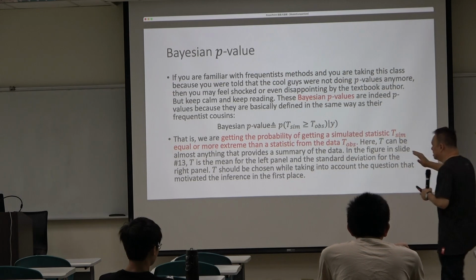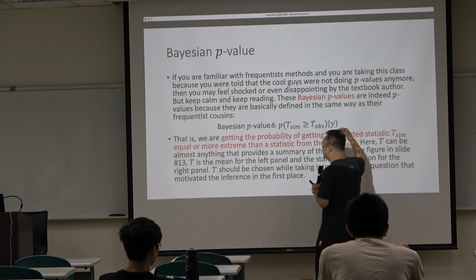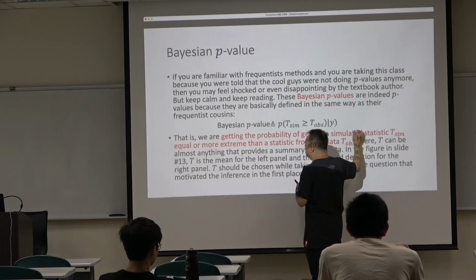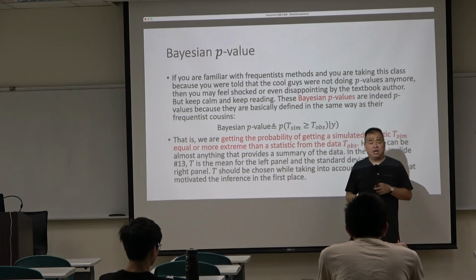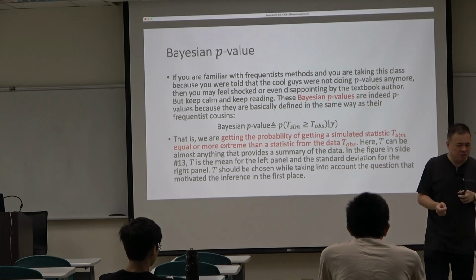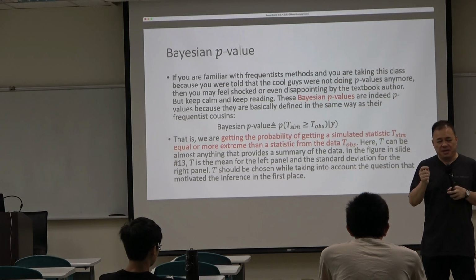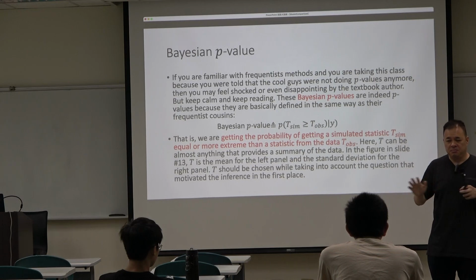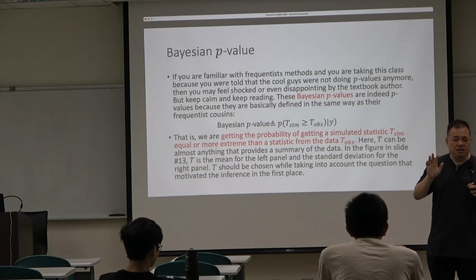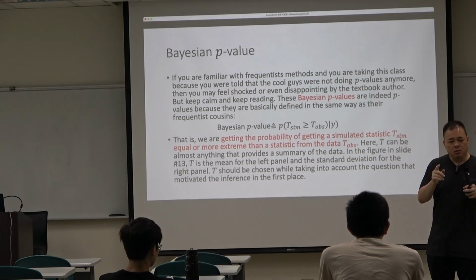Just by looking at this definition, the definition of the p-value is pretty much similar to the definition used by frequentists, by traditional statistics. So what's the difference?